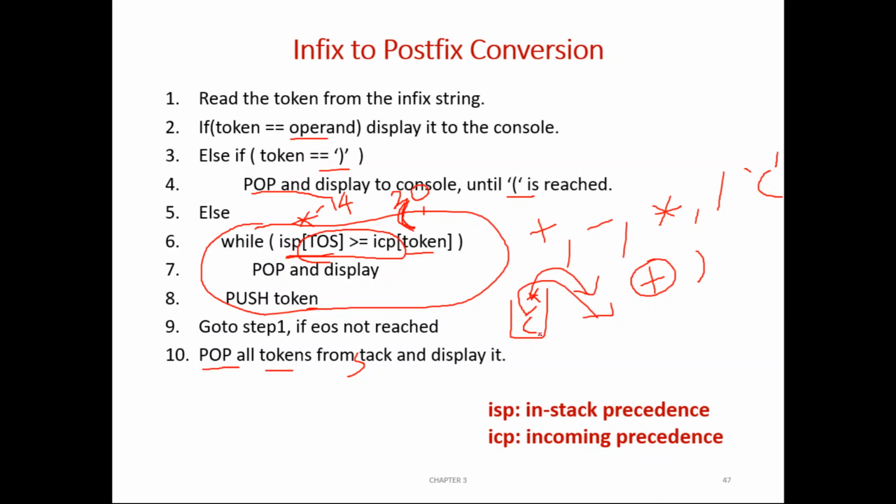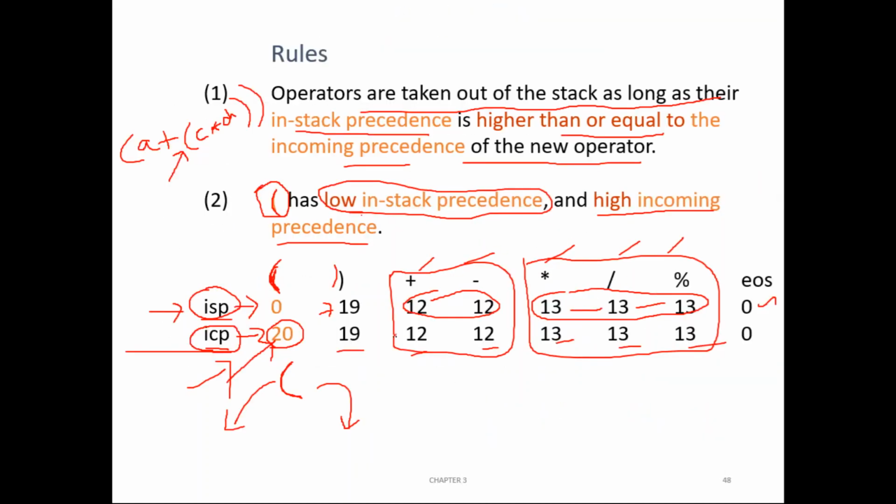So when the open bracket is inside the stack, you should give it the least value. The least value is 0. That is the reason when the open bracket is in the stack, it is given the least value.